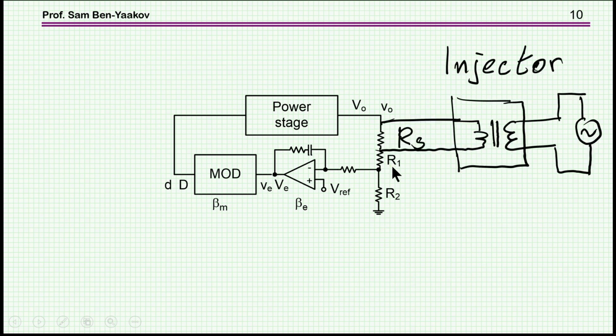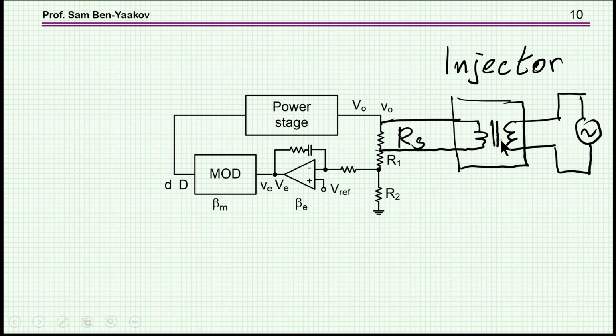And in the actual implementation, we put in a small resistor such that we are not disturbing too much the ratio of R1 and R2, which is setting up, of course, the output voltage. This will be a much smaller resistor than these. And then via a transformer, which is called an injector, we are feeding in an AC signal.